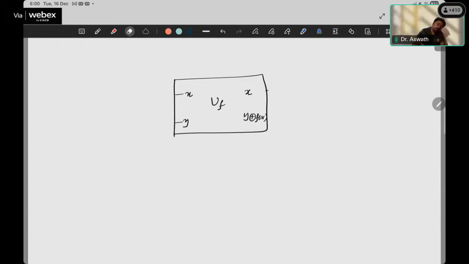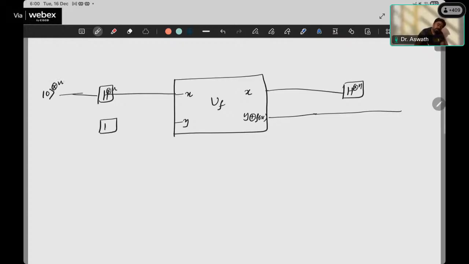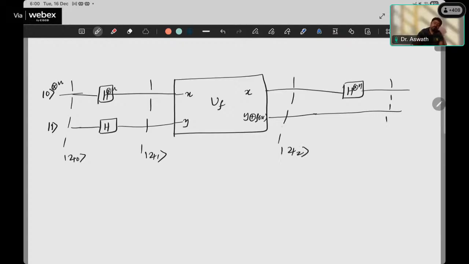Hadamards acting here, n Hadamards on the query, 0 tensor n, and 1 Hadamard here on the ancilla, which starts as a 1 ket. So psi naught, psi 1, psi 2, psi 3. This is the DJ circuit.